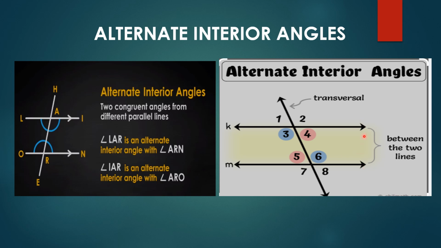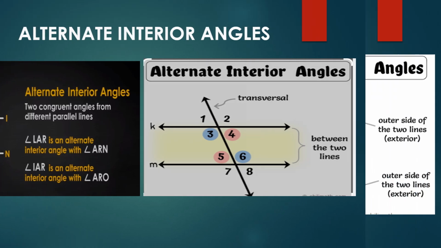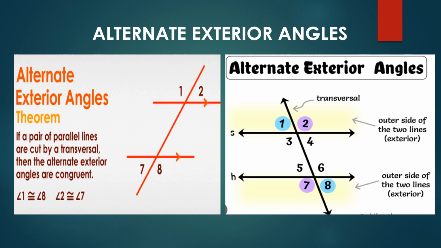And these are the two parallel lines. So any angle that is formed between the two parallel lines and a transversal line is called an alternate interior angle. Now let's talk about alternate exterior angles. So let's say the angle which is colored with blue here, that is angle 1, is equal to angle 8.